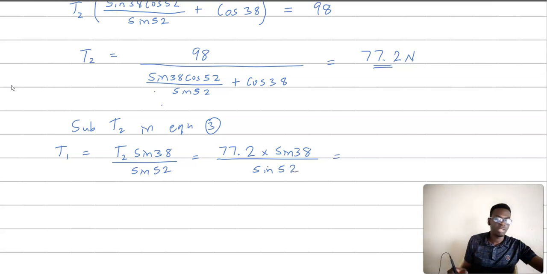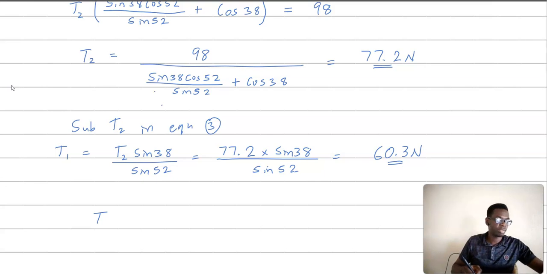When I calculate this, 77.2 times sine 38 divided by sine 52 is 60.3 Newton.